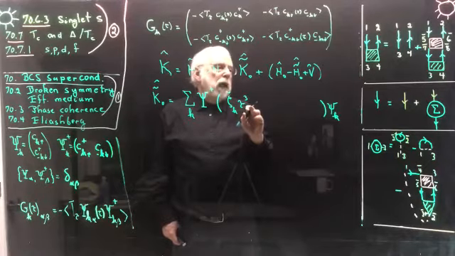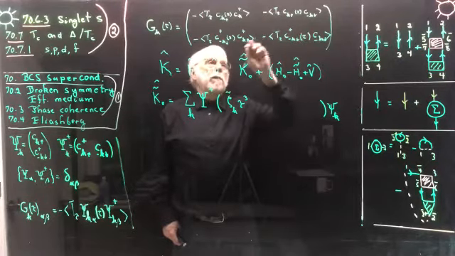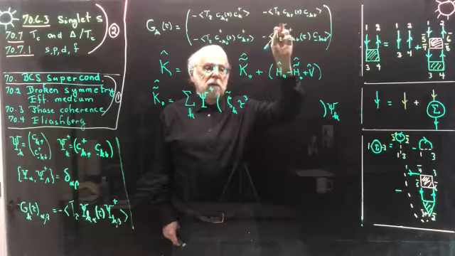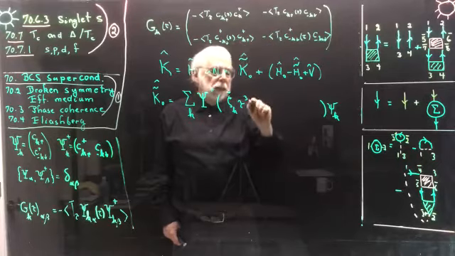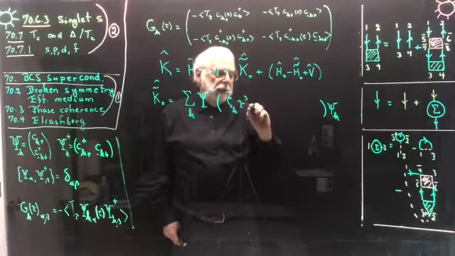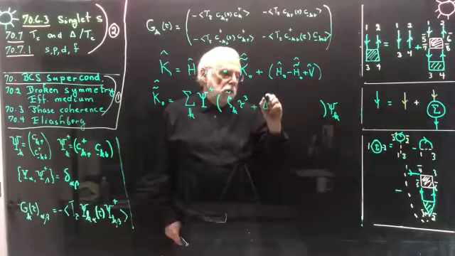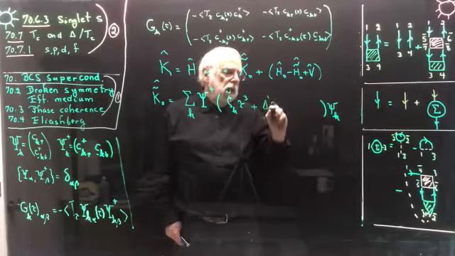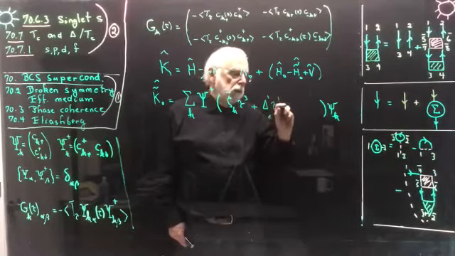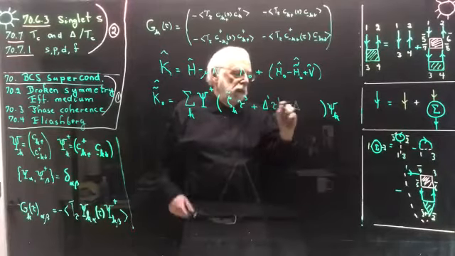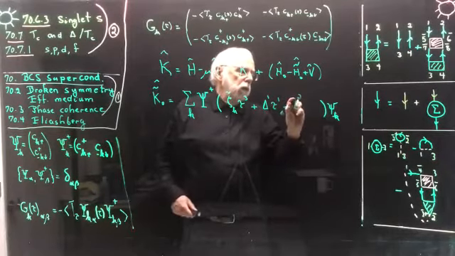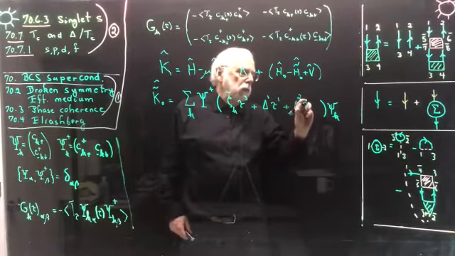Now, we also have these off-diagonal components. So I will stay in the basis of Pauli matrices and write this as delta 1 tau 1 plus delta 2 tau 2.